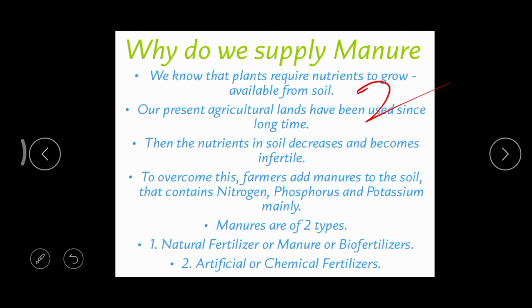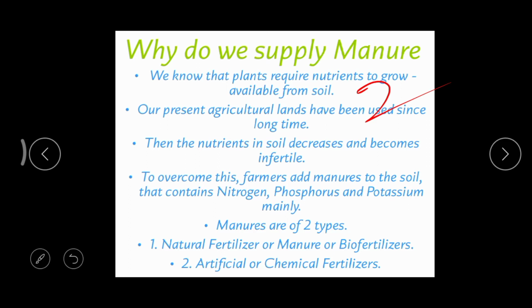As we grow crops or plants in the field, the amount of salts and minerals becomes less and less, and after a few years the salts completely disappear. That means they get emptied from the soil, and as a result that soil becomes infertile. Infertile means it becomes useless.